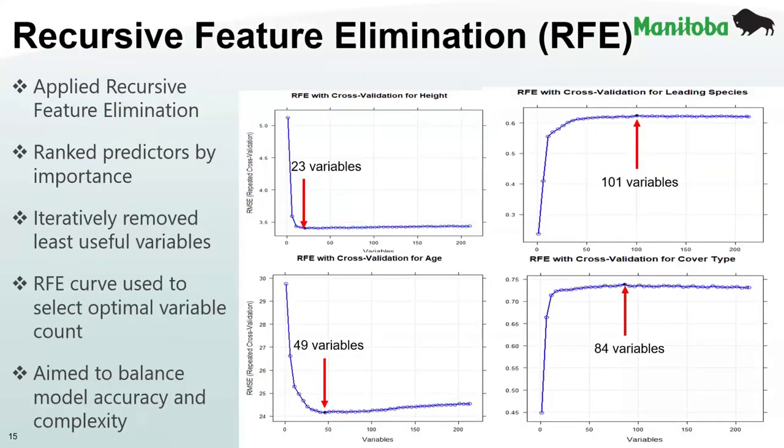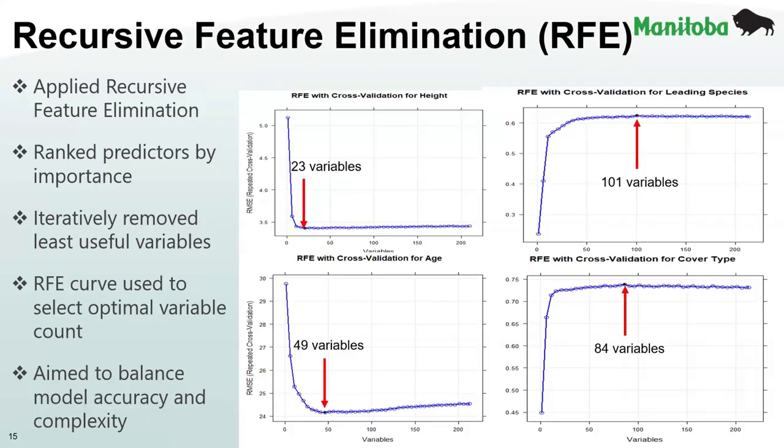We even did a more targeted variable selection by using techniques like recursive feature elimination. It's an approach that ranks the predictors during the training process and iteratively removes the least useful variables, keeping the most informative ones.